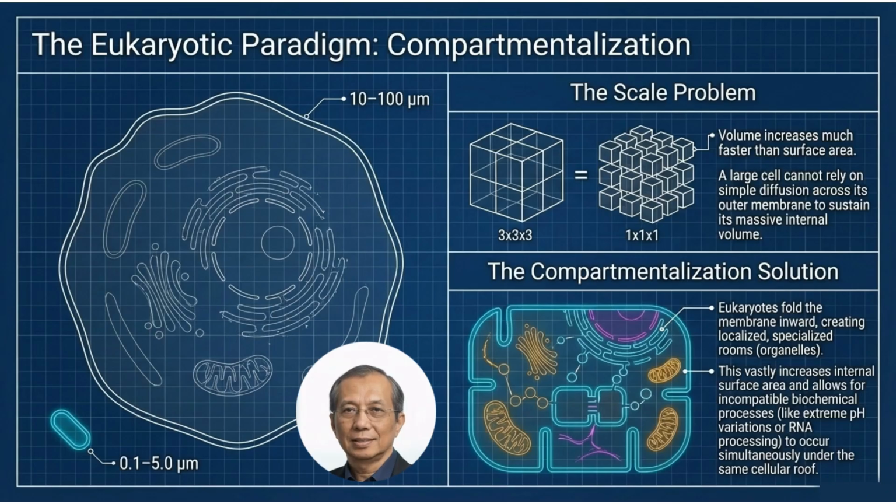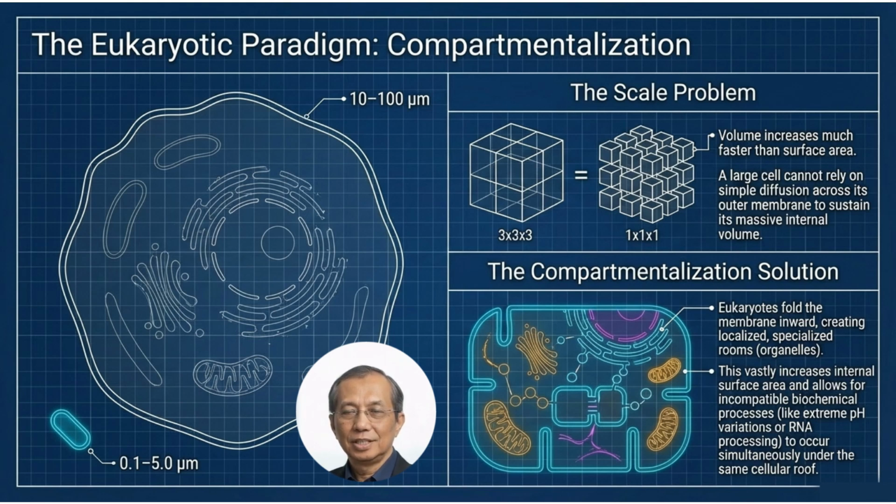Our journey begins by understanding the fundamental principle that defines eukaryotic cells: compartmentalization. Imagine a cell growing larger. Its volume increases much faster than its surface area. This presents a significant challenge for nutrient uptake and waste removal, as simple diffusion becomes inefficient.